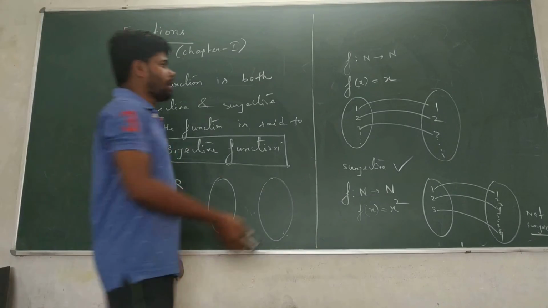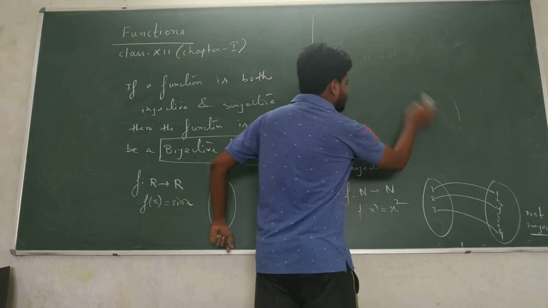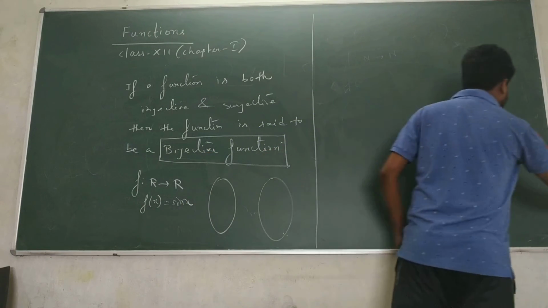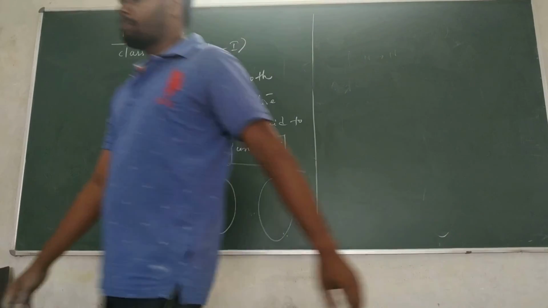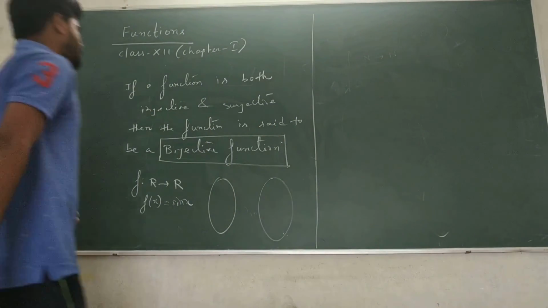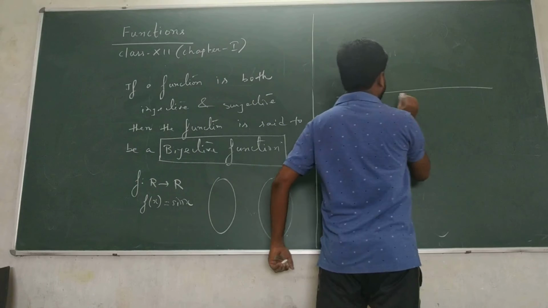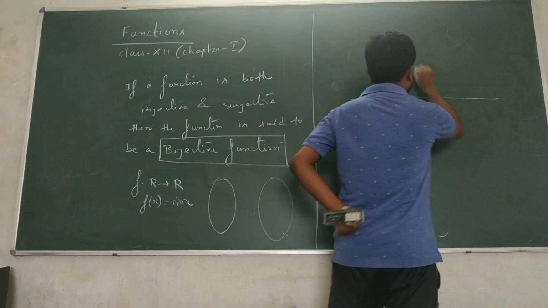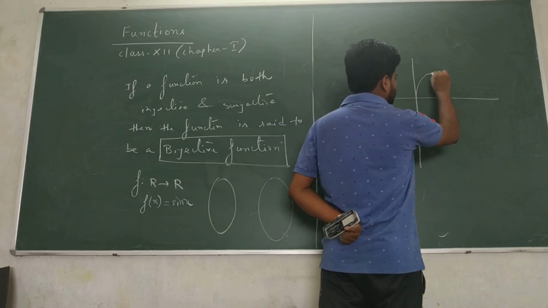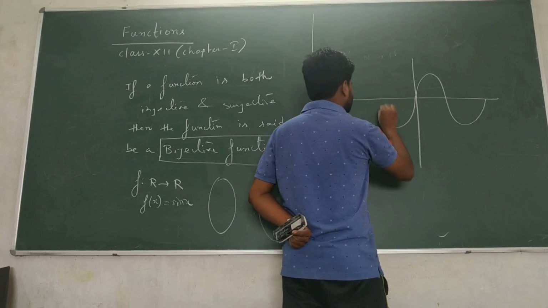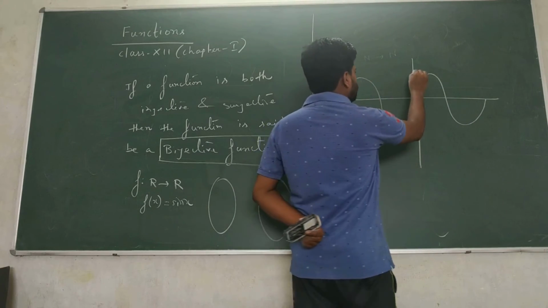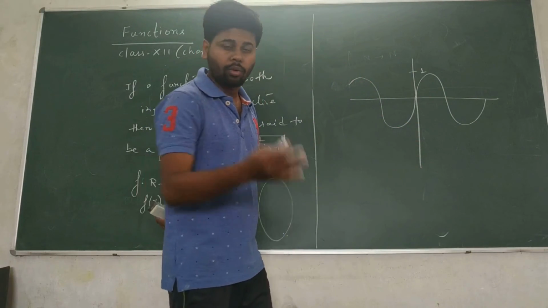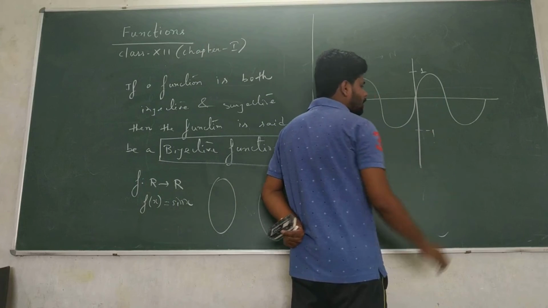If you see the graph of sine, in class 11 we have seen the graph of sine, cos, tan. If I draw the graph of sine, this will always be at most 1, means sine cannot cross the value of 1. Similarly, the lowest value is -1.